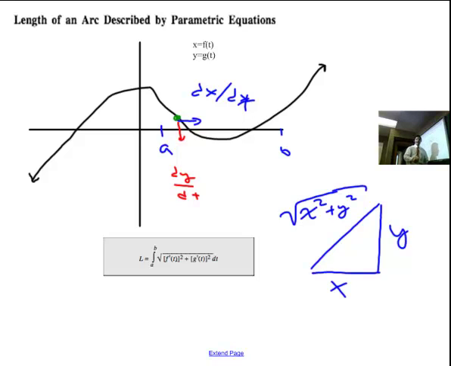And if we think about adding up those vectors, what we get is the arc length. And now it might be helpful if we add the vectors in the correct manner. So typically we like to do tip to tail. So let's imagine taking this dy dt and putting it tip to tail.